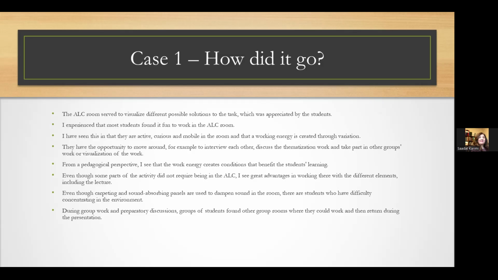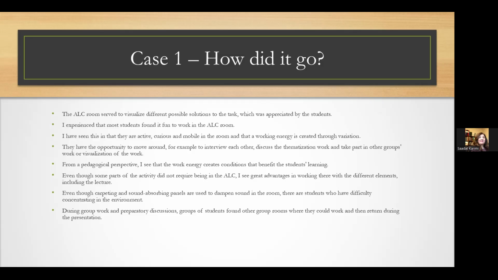They have the opportunity to move around, for example, to interview each other, discuss thematization work, and take part in other groups' work or visualization of the work. From a pedagogical perspective, I see that the work energy creates conditions that benefit the students' learning.